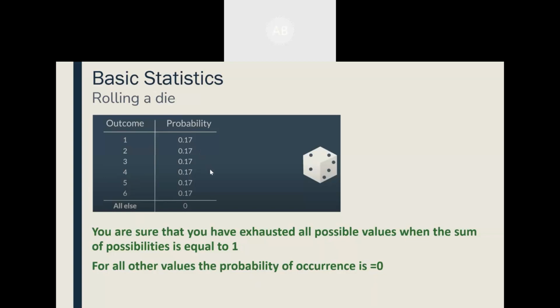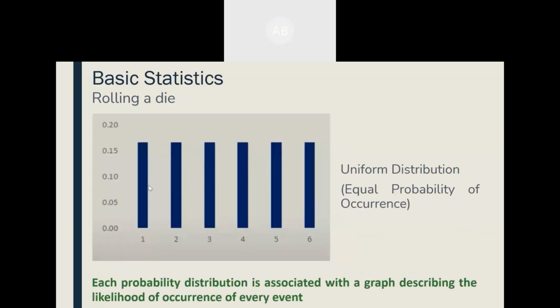So when I talk about a distribution, if you plot these probabilities on the y-axis, and on the x-axis you plot the values, it will give you a distribution. In this case, all the values have equal probability of occurrence.